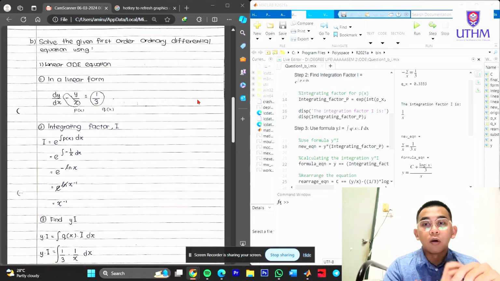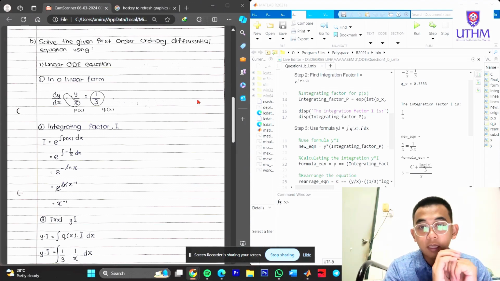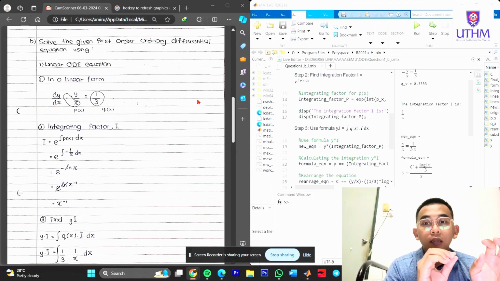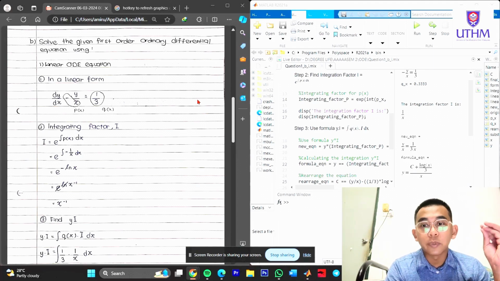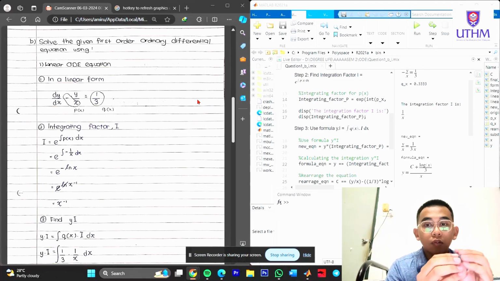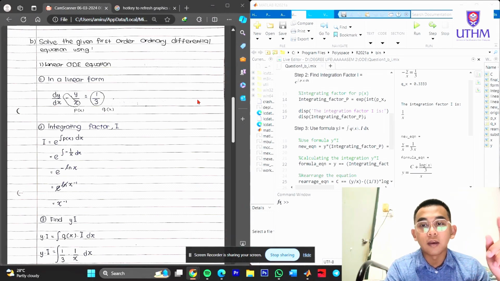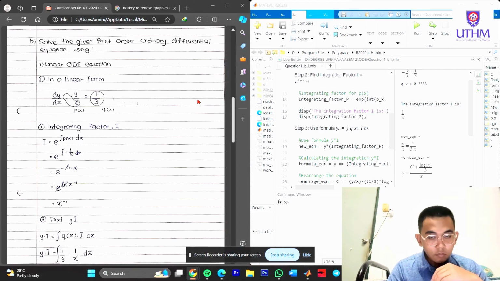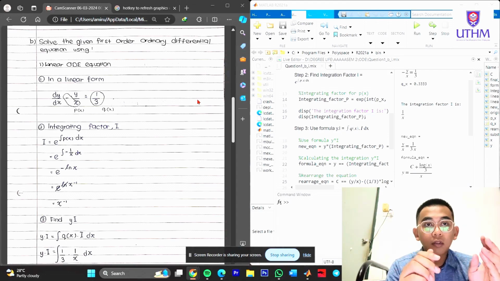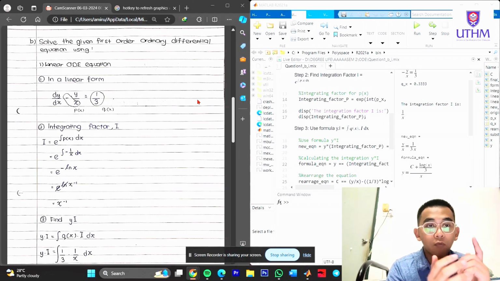Our px is negative 1 over x, so by inserting it into the equation, it will be exponent of the integral of negative 1 over x dx, and after integrating we will get exponent negative ln x. So the exponent and the ln can be cancelled, and the final answer is x to the power of negative 1. Now let's see the MATLAB simulation.